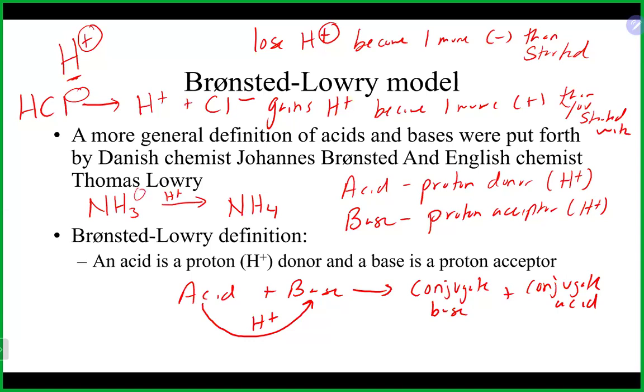It was neutral and you gained an H plus, so you now become one more positive. So the charges change from side to side, and that's really important. It's a very common error people make not changing those signs with the positive charge on that H plus. Any questions on that there? All right, we're going to leave it there for now.